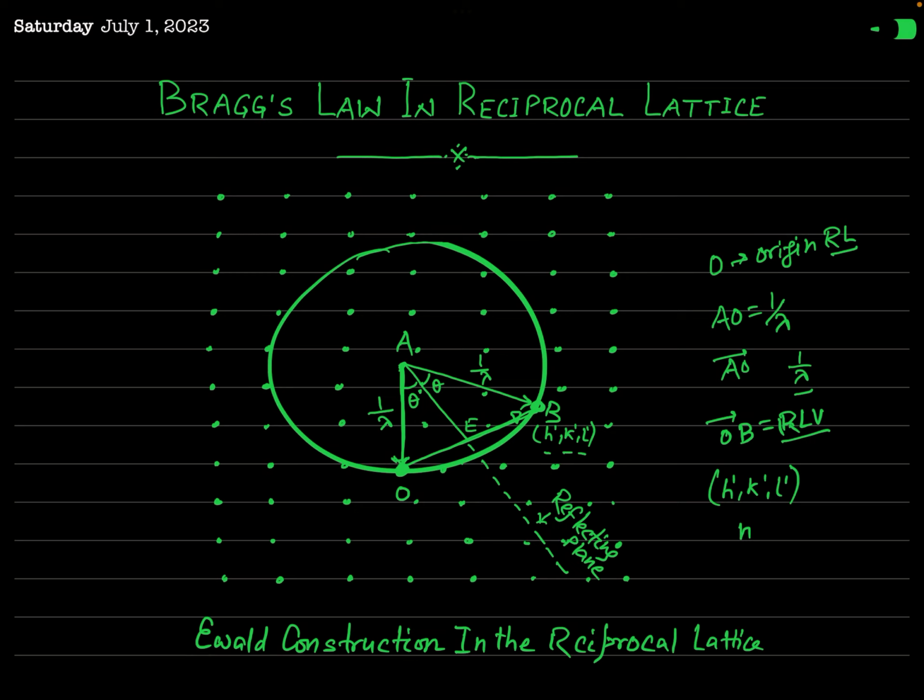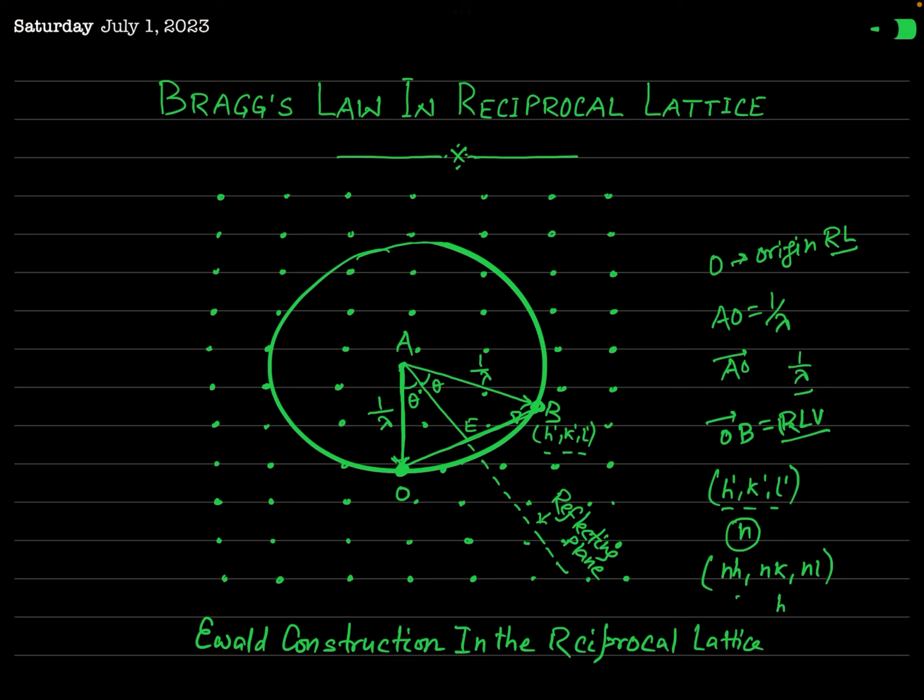When you say that the coordinates H dashed, K dashed, L dashed have a highest common factor equal to n, what does it mean? It means these coordinates are of this form. The coordinates of point B are of the form nh, nk, nl, where h, k and l are numbers that have no common factor greater than 1.